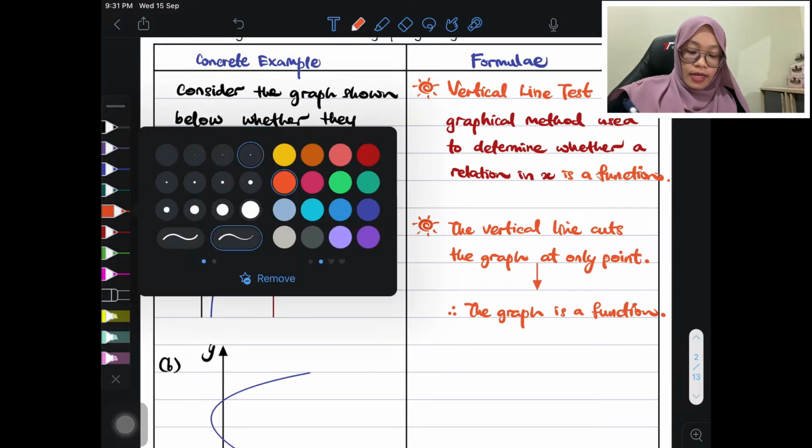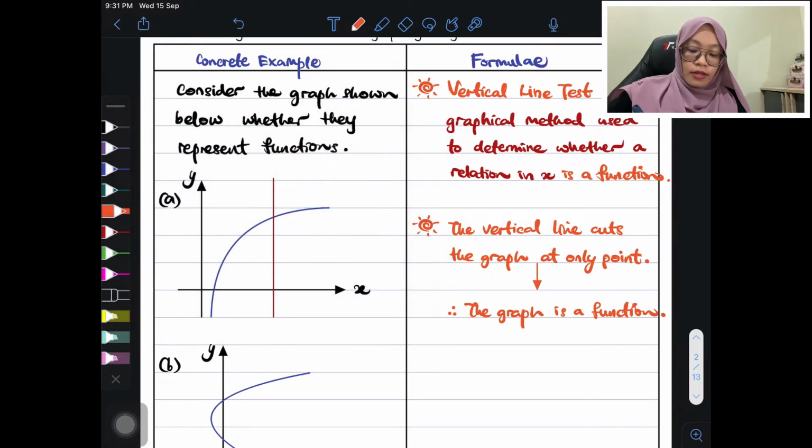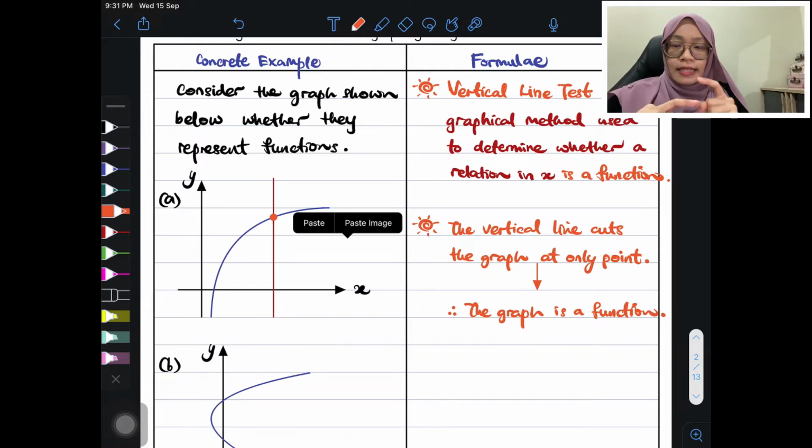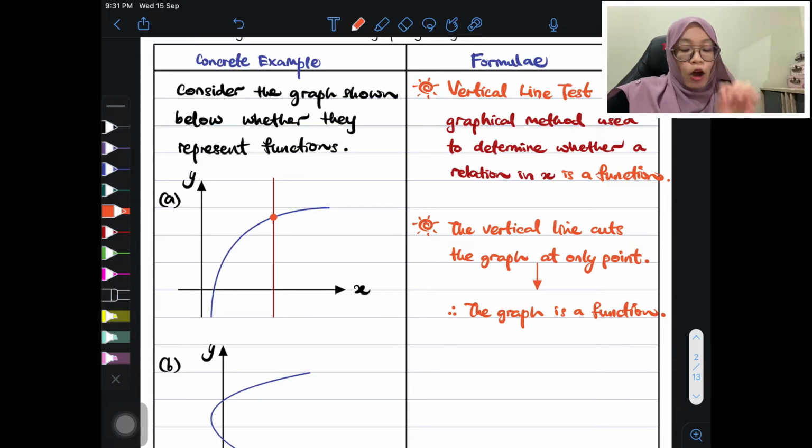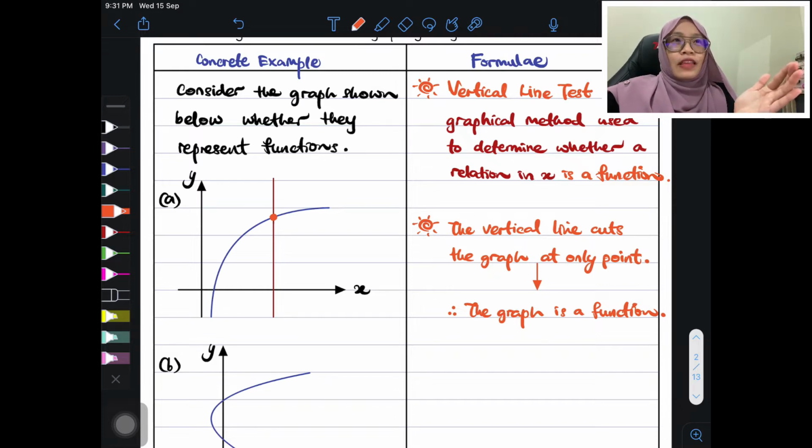Okay? And then what you should do is just put a dot where the line and the graph intersect with each other. Okay, menyentuh lah, yang bertembung. And therefore, how many intersection points yang you nampak?